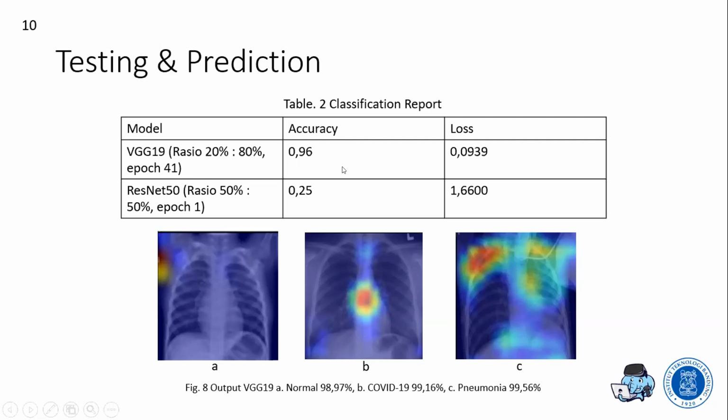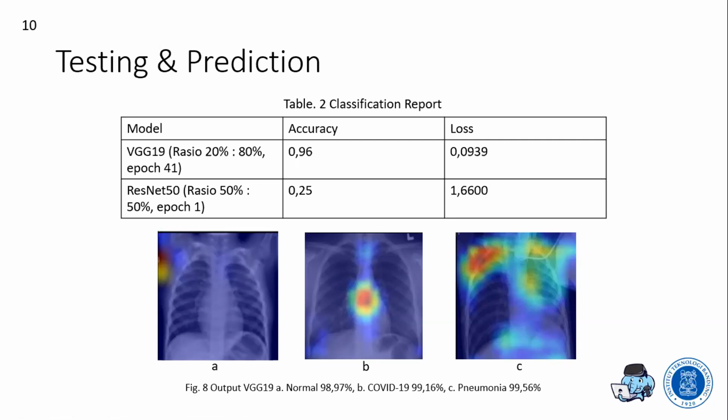And this is the accuracy, and the loss. And ResNet50 with the highest accuracy value stopping at epoch 1 at a ratio of 50%.